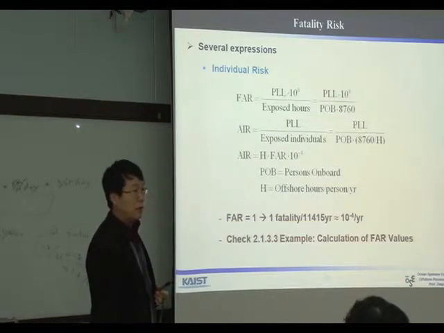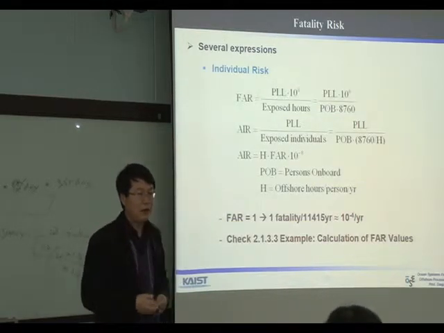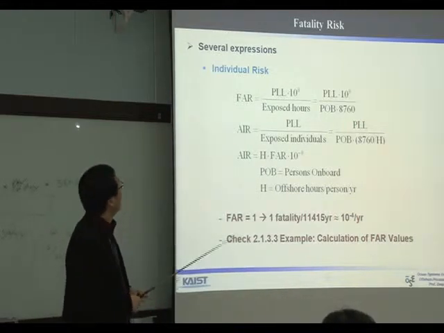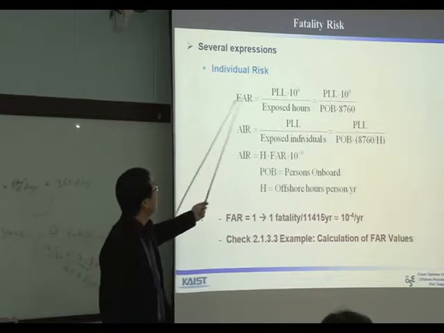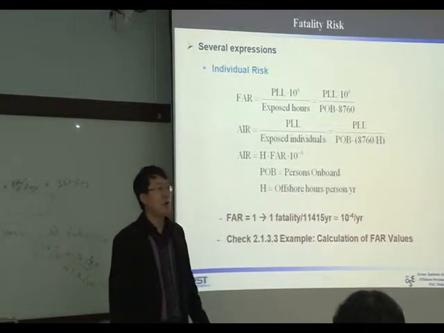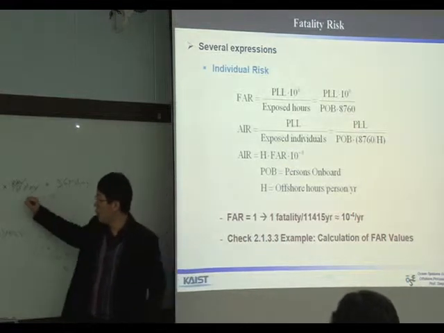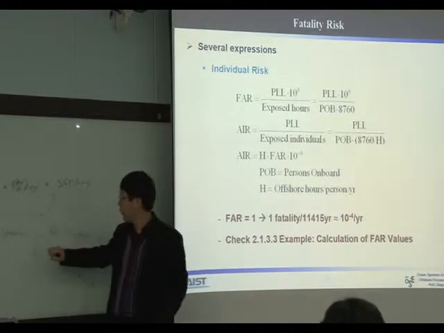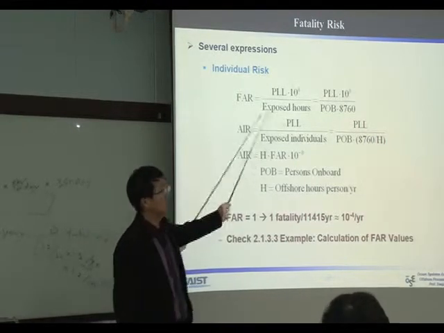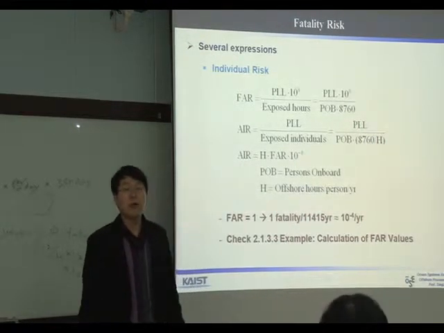So I prepared this. My expression can be confusing. So for individual risk, we have a PLL. PLL is very simple. In this platform, for 10 years, we have 12 fatalities. So PLL is a very straightforward quantity.